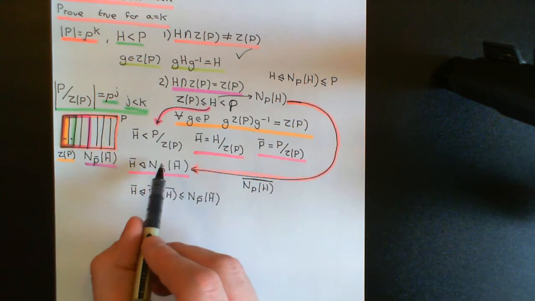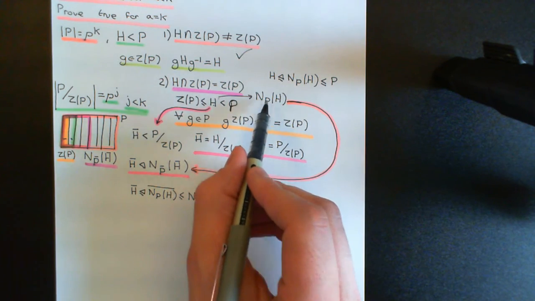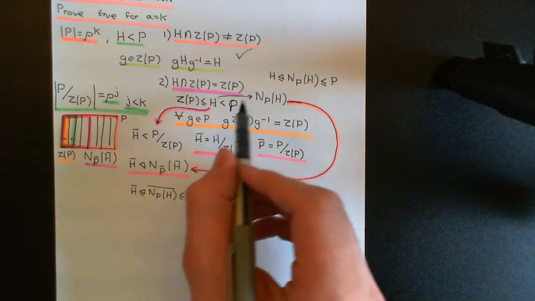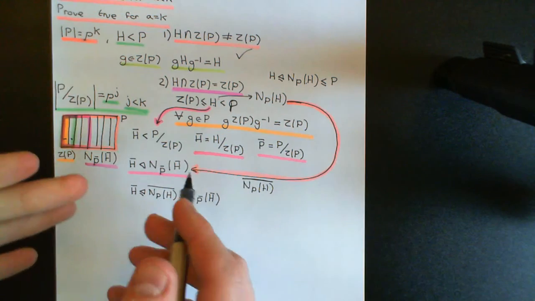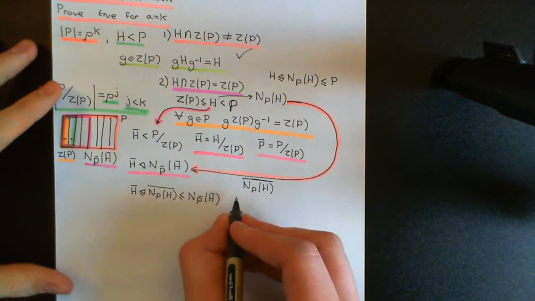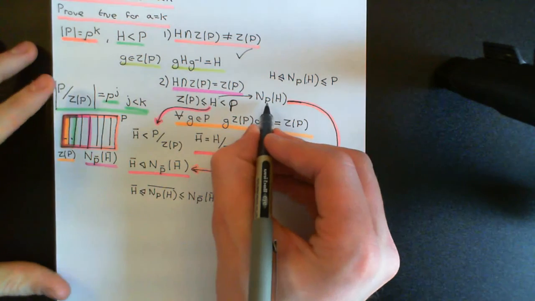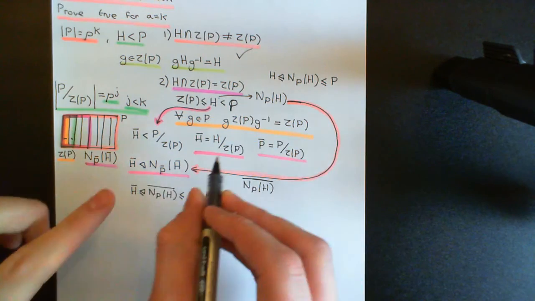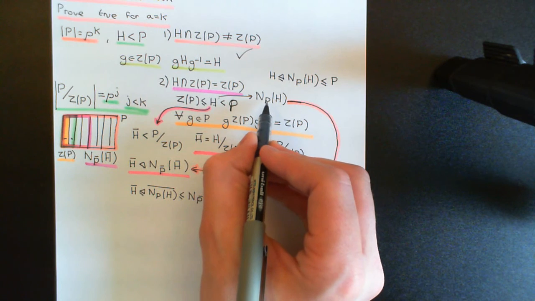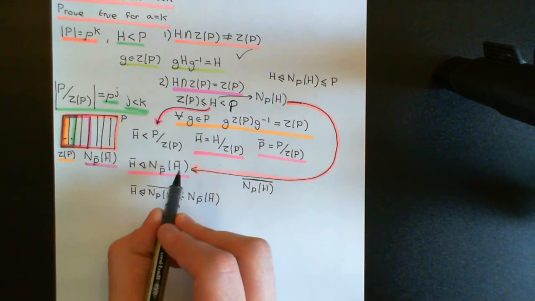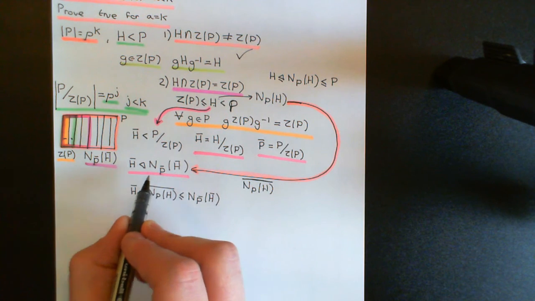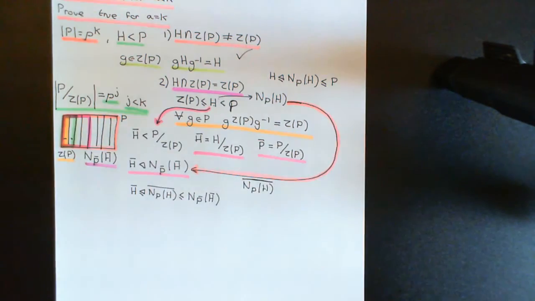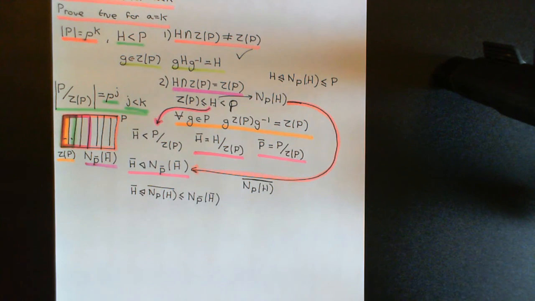But this can't be a subgroup of this when it's transferred, and this a subgroup of this one when it's transferred, unless they are equal to one another, otherwise you'd arrive at a contradiction. So this is why you can conclude that these normalizers do correspond to one another. The normalizer of H in P corresponds to the normalizer of H bar in P bar, and vice versa. You can go either way between the two of these.